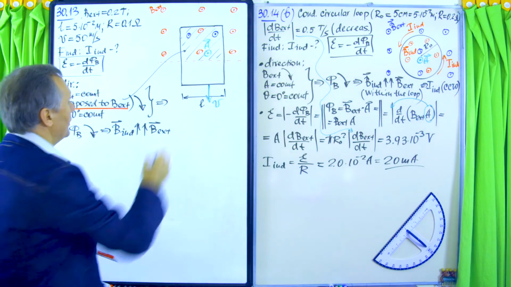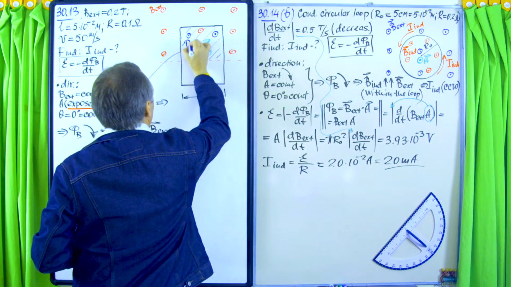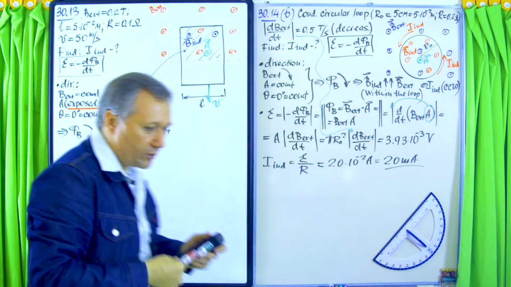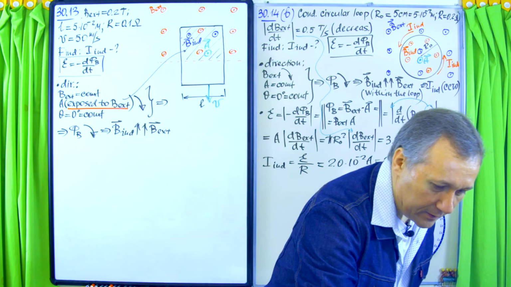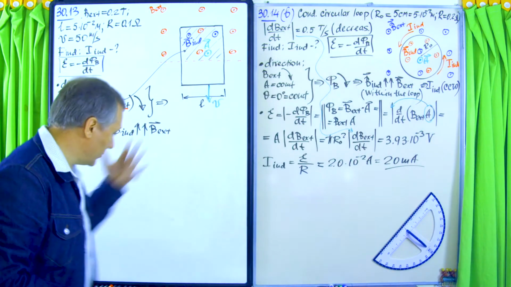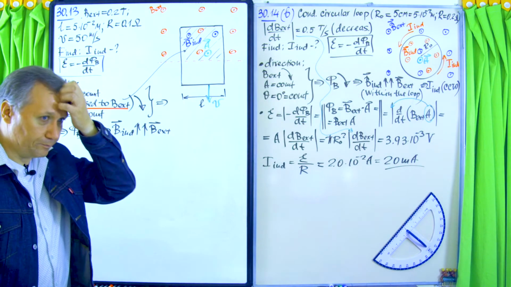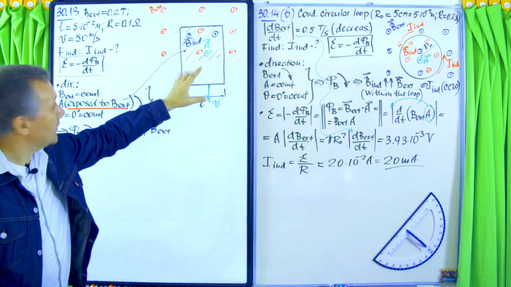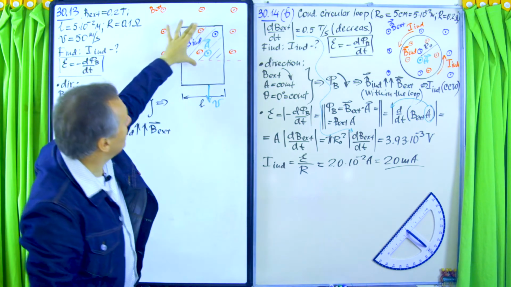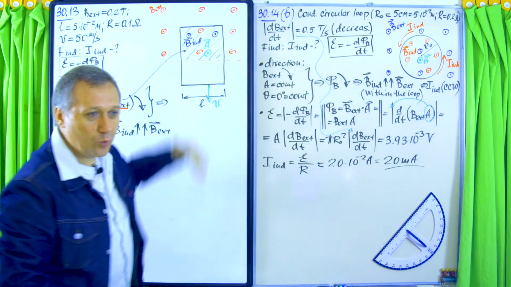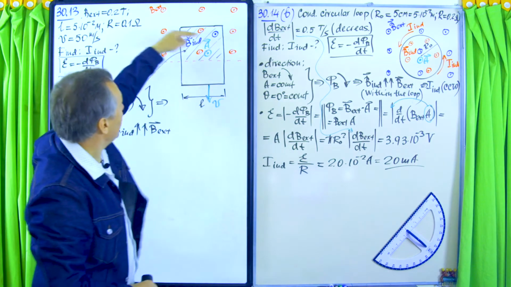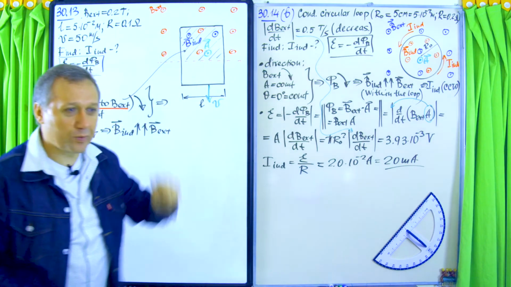Okay, I drew a couple. So let's say this is my B induced, but the question is, okay, let me hold you guys a few extra minutes. Should I draw these blue dots only in this upper part of the loop, or should I draw those blue dots everywhere within this loop?